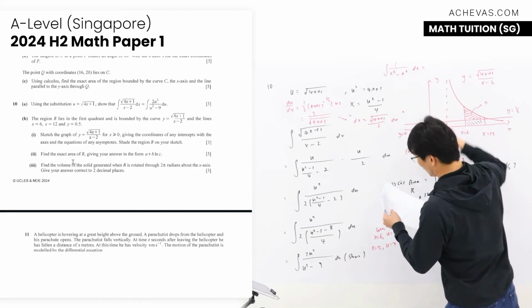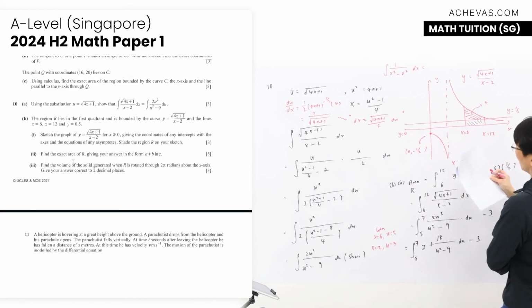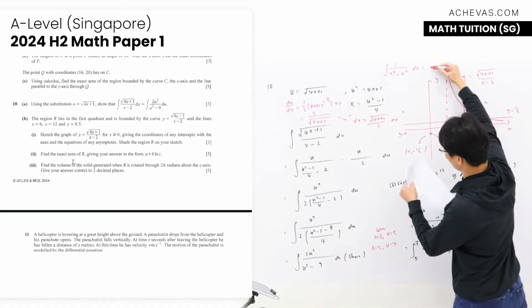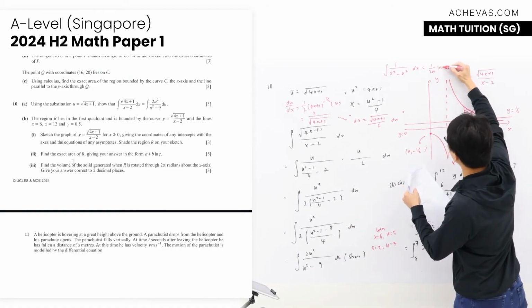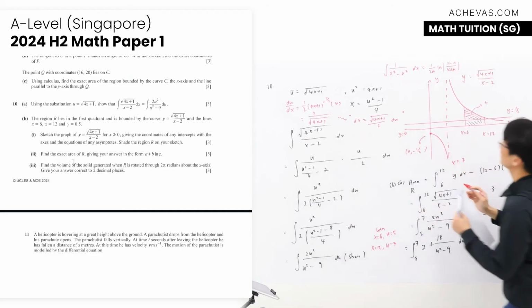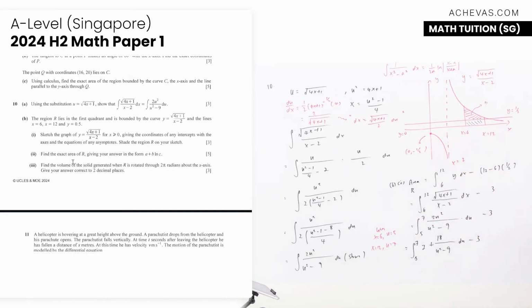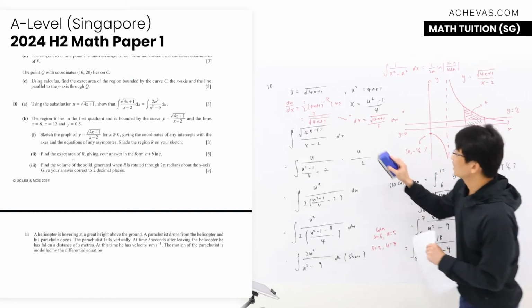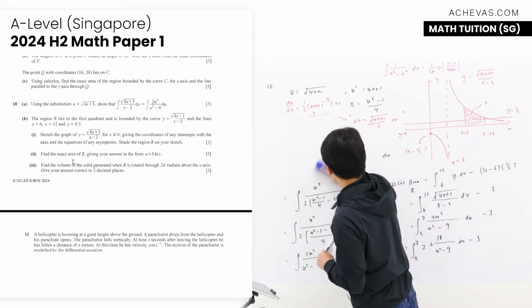When you do an integration of this, you will actually get this one: 1 over 2a ln modulus x minus a over x plus a. Alright, this is given in your MF. I'm going to make use of this formula to integrate this particular expression here. Let me just get rid of this part first.